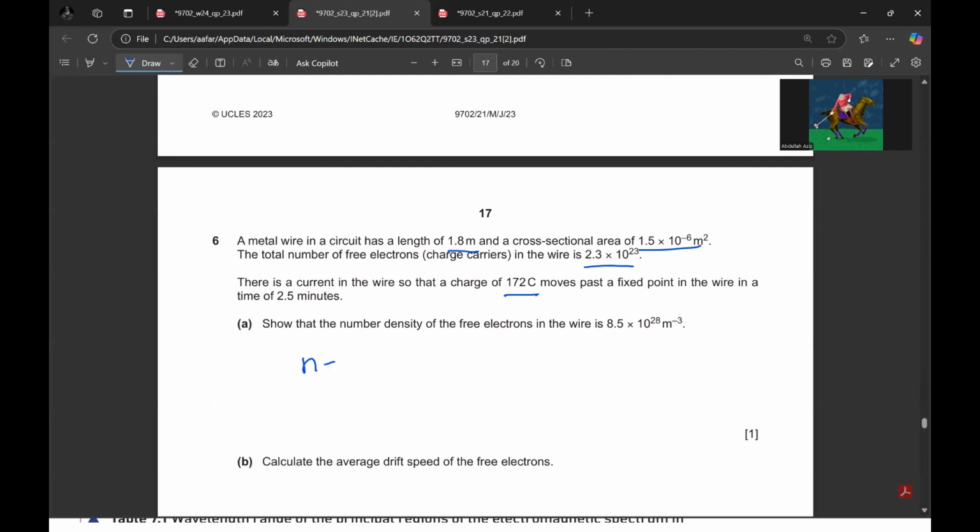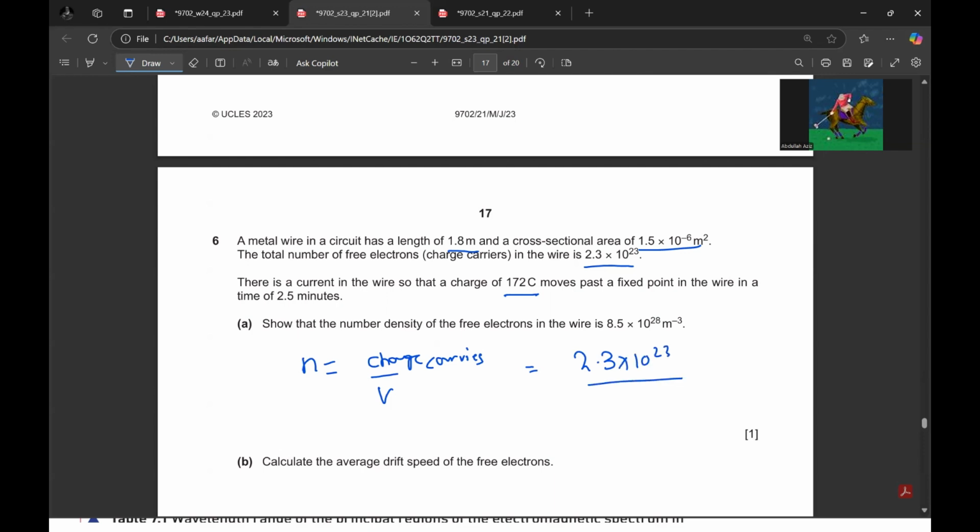So number density is basically the number of charge carriers per volume. So it's basically a density, right? Volume is in the denominator, number of charge carriers is 2.3 into 10 power 23.